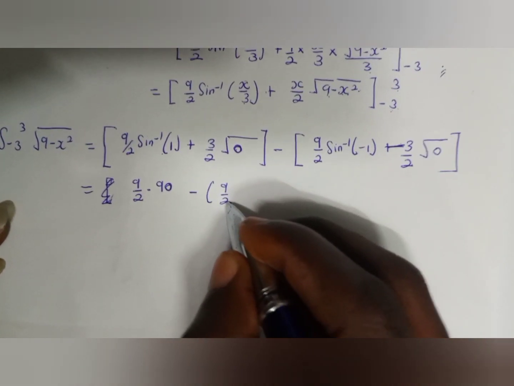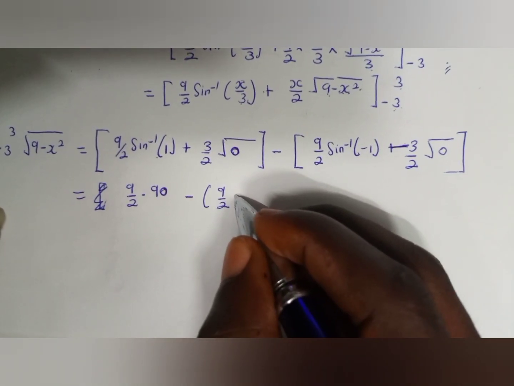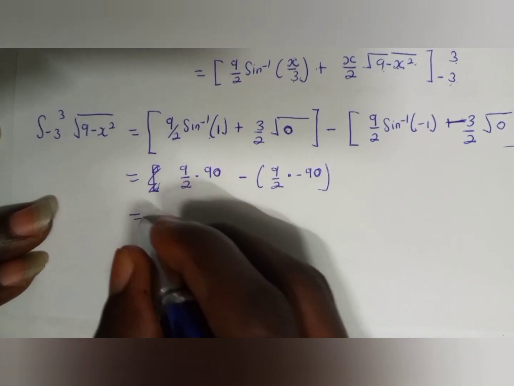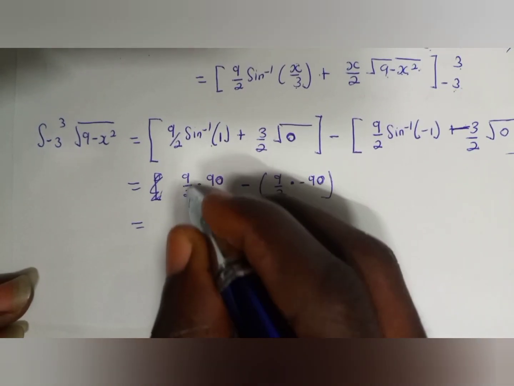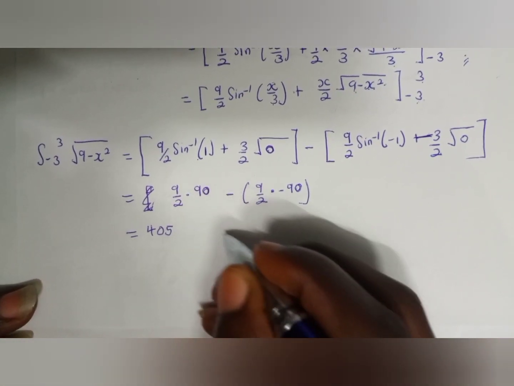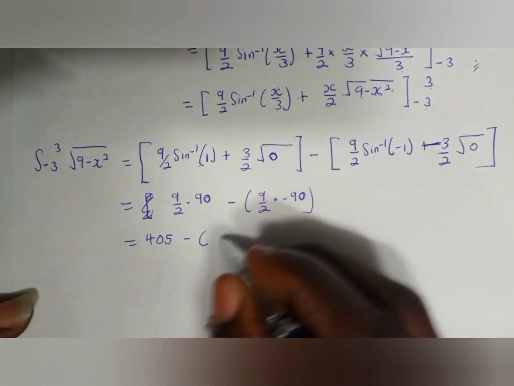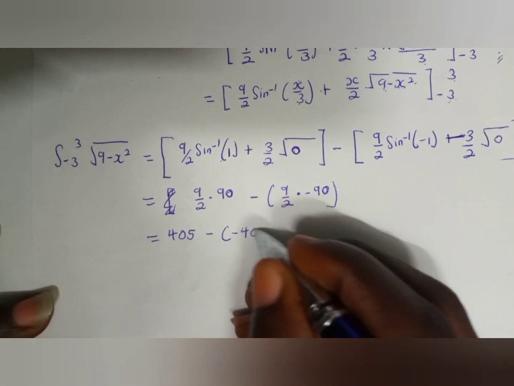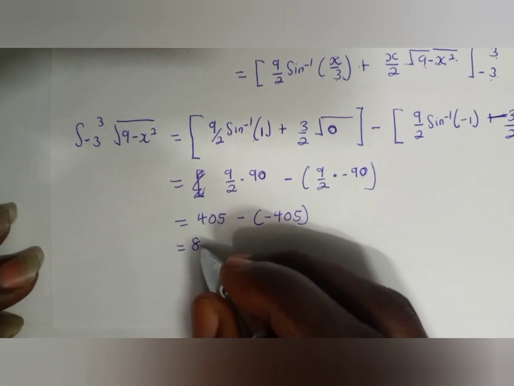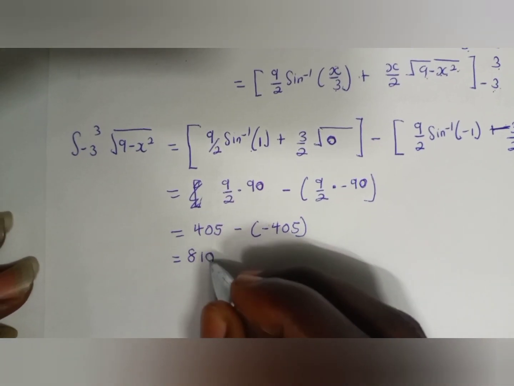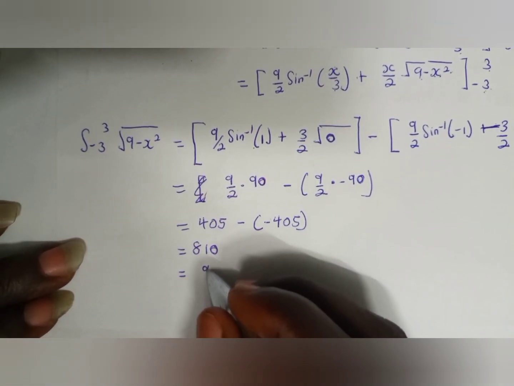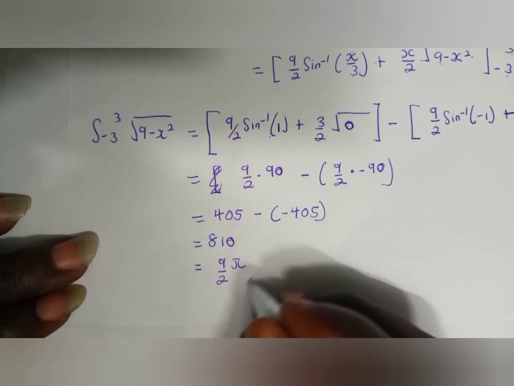So 9 out of 2 sine inverse of negative 1 is negative 90. So we are going to get 405 minus, in brackets, negative 405, which is 810. So in radian form, we are going to get 9 out of 2 pi. That's the final answer.